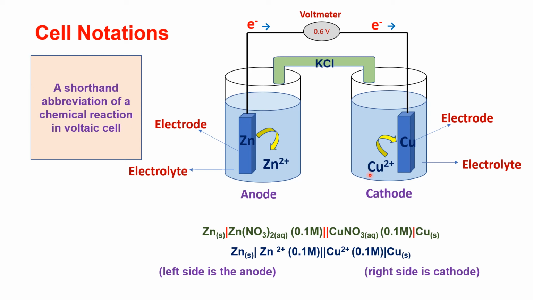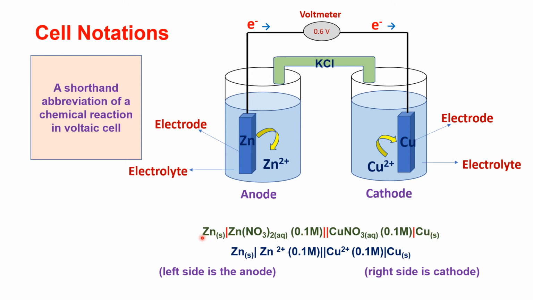The salt bridge is dipped in a copper electrolyte that is taken as copper nitrate, and it is followed by the copper electrode in solid form, but here also an interface is present. So this single line will show the interface between the copper electrolyte and the copper solid or copper electrode.